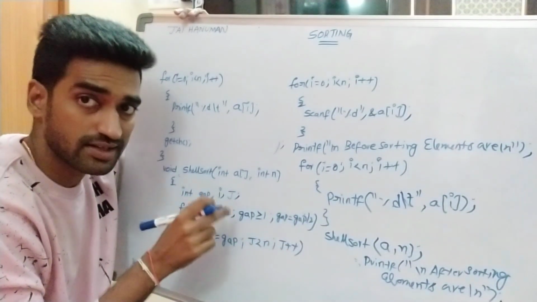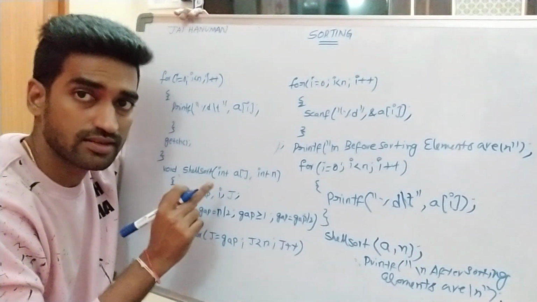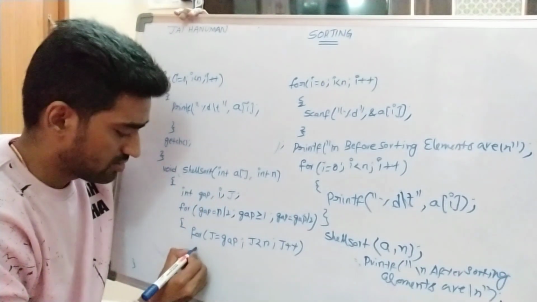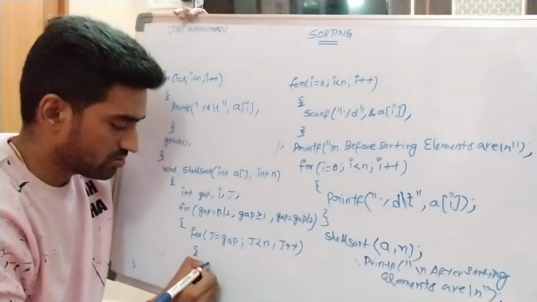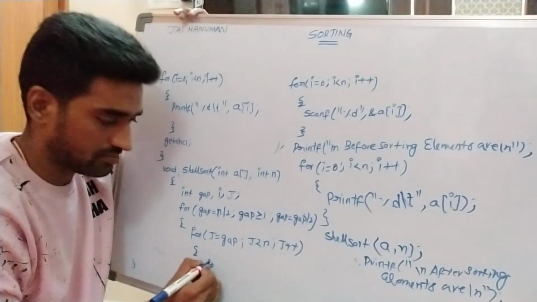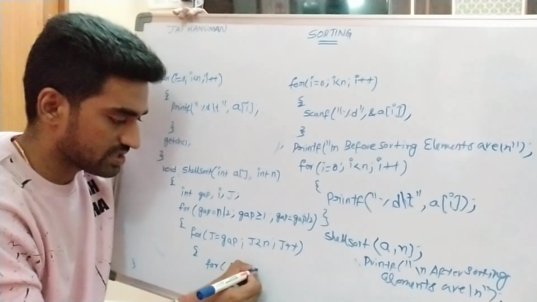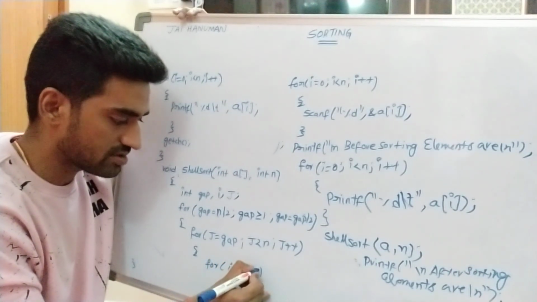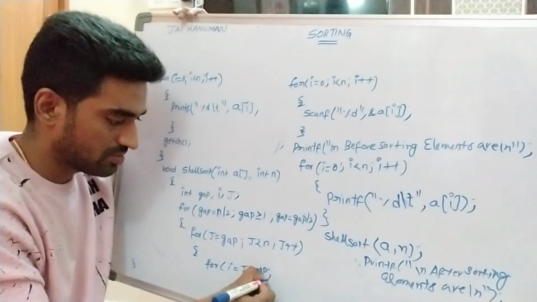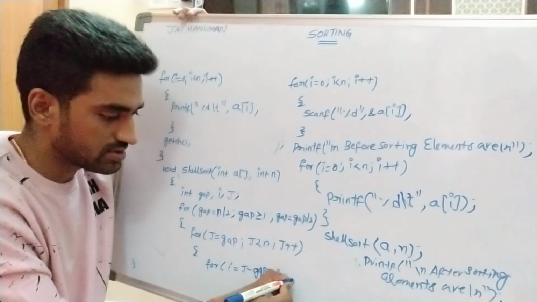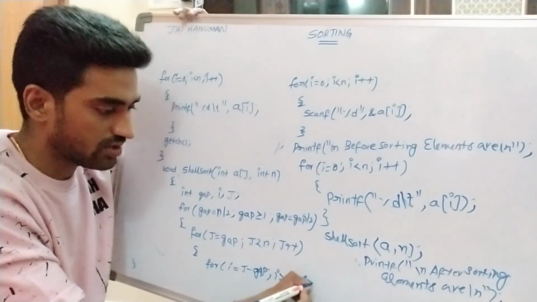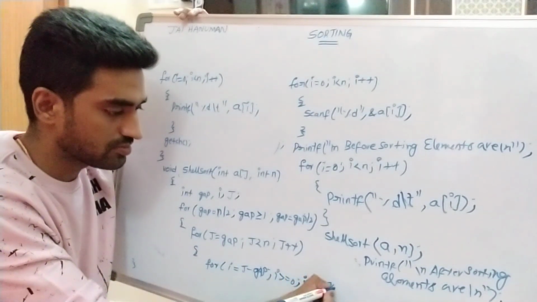These steps were already discussed in previous sessions, in the algorithm as well as the example. Once this condition becomes true, we check one more loop: for i is equal to j minus gap, i greater than or equal to 0, i is equal to i minus gap.